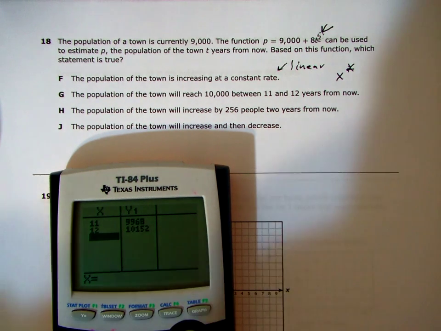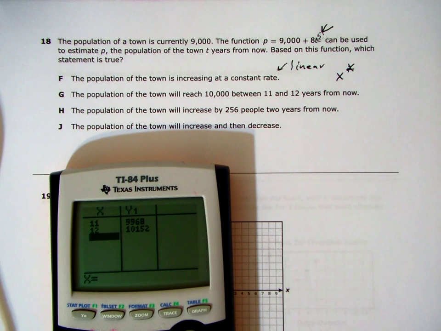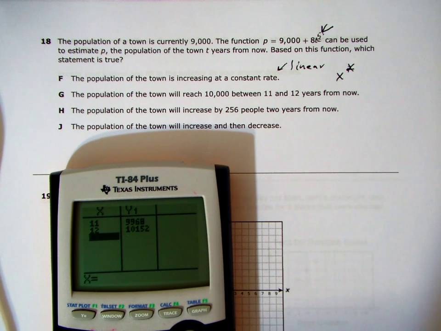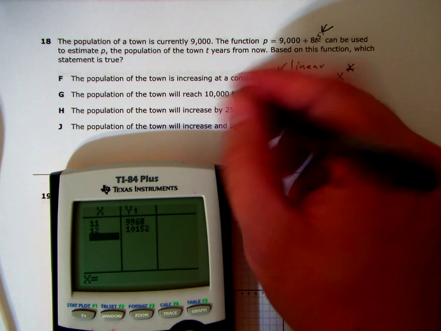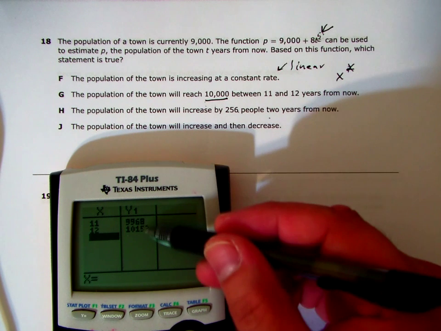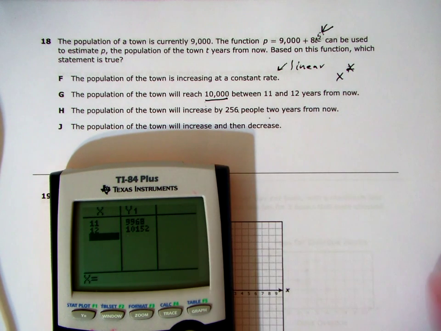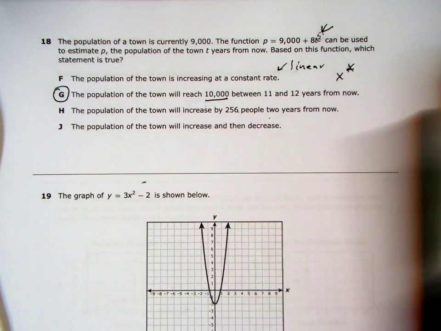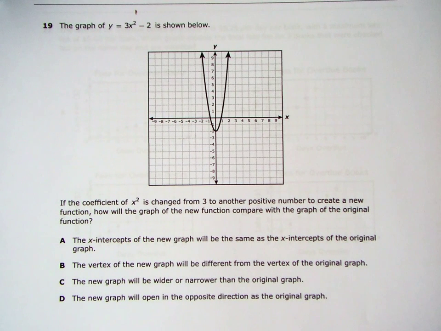Bam, it jumped to 10,151. So it's correct. Between these 2 years, it gets to 10,000, right? So then the answer is going to be what, y'all? G.